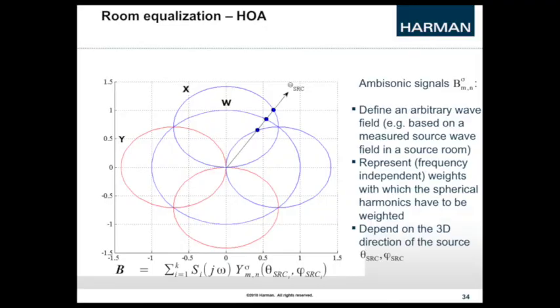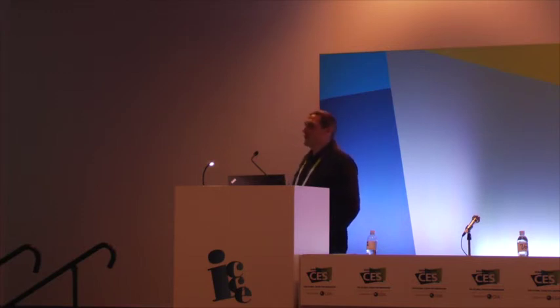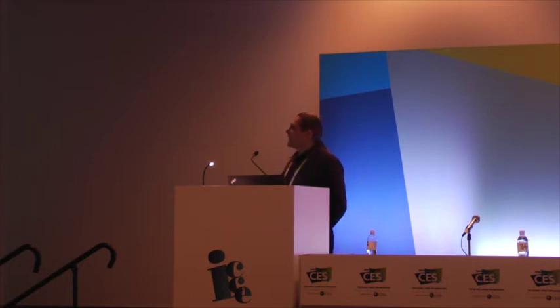So now I give you an impression of how this can look like. I keep it simple. I go into just one plane, not 3D, just into the 2D domain, and I'm just taking the zeroth and the first order higher order ambisonic functions. And now I would like to mimic a radiation from one direction. This is the source direction, indicated by the arrow.